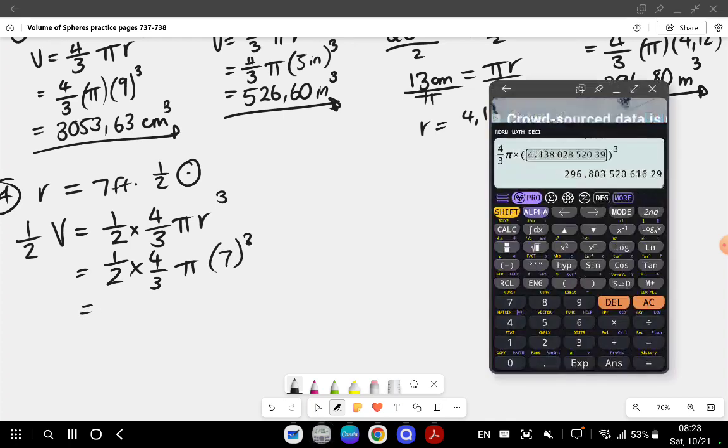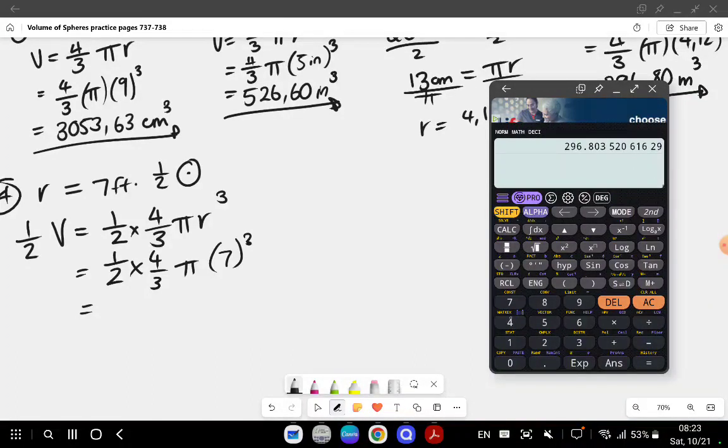I'm going to go to my calculator and input 1 over 2 times 4 over 3 times pi times 7 cubed.